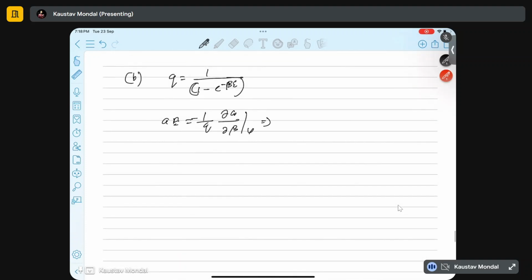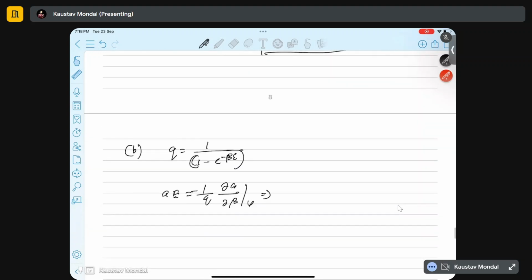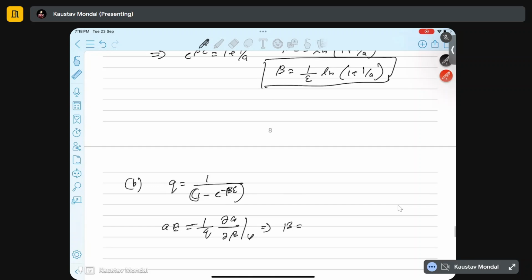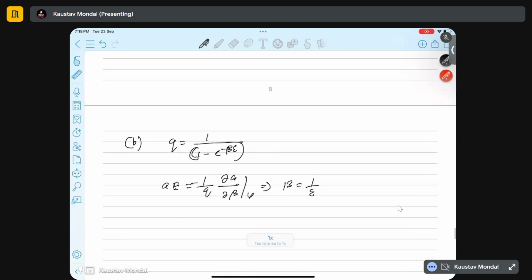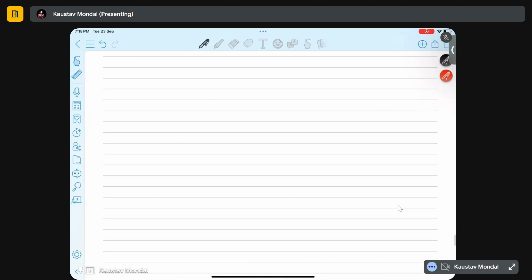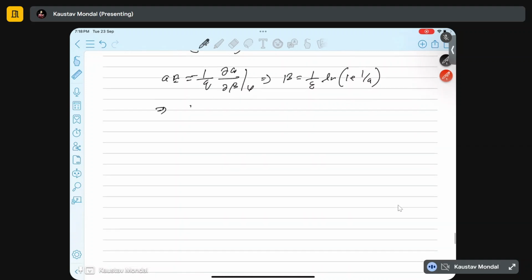After doing that, we got this expression: beta equal to 1 by epsilon ln of 1 plus 1 by A. So now you can further simplify it: you can make it beta E equal to ln of 1 plus 1 by A here.